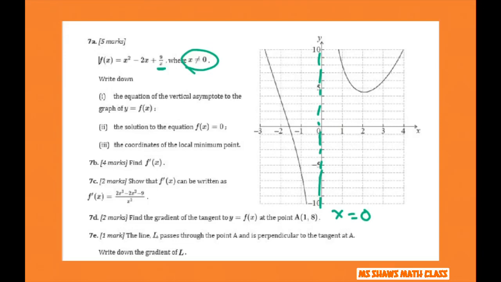And the next part is write the solution to the equation y equals 0. So where y equals 0, it's right there. You plug this in your calculator and then do second calculate or second trace, and you're going to hit number 2.